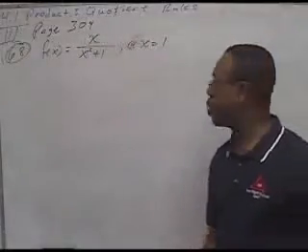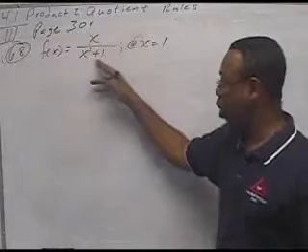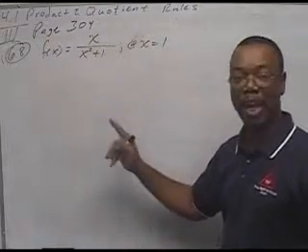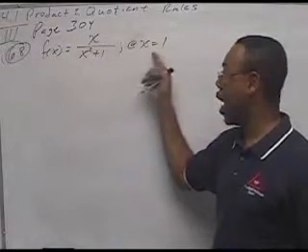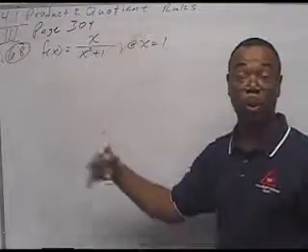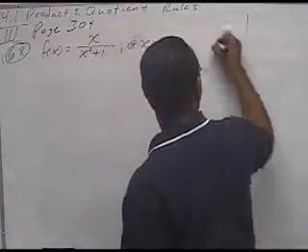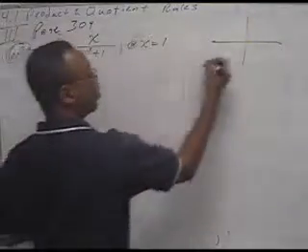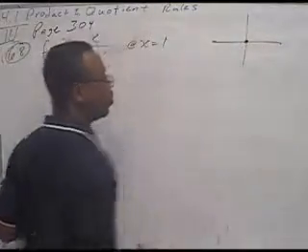Next, number 68. We have a function here, and we want to find the equation of a line that's tangent to this function at x equals 1. Well, let's take a look at what this function looks like in the first place. Okay, I can see it has a y-intercept of 0, 0.